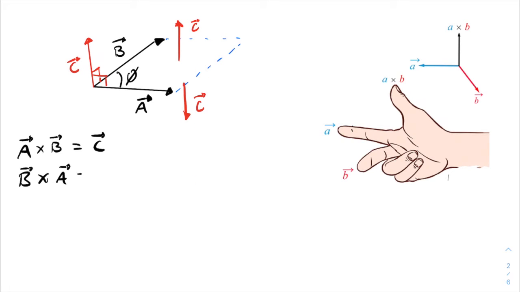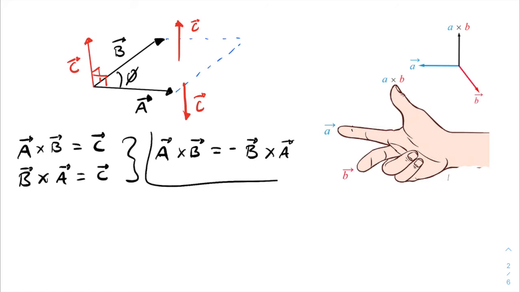This means that our resultant vector C is opposite to the previous cross product that we made. Therefore, A cross B is opposite, or negative, to the vector created with the cross product between vector B and vector A. This is the antisymmetry of the cross product.